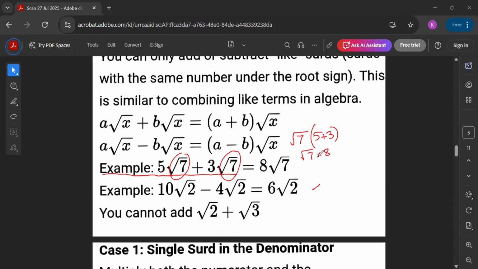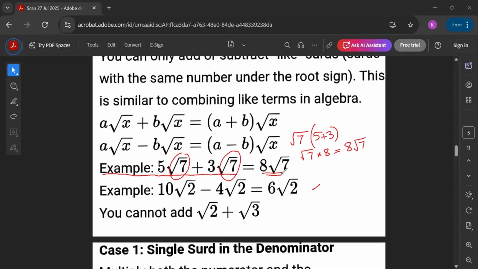But you must remember that square root numbers should be written after the numbers without the square root. A student might make this mistake: they put the square root over 8 also, which will go wrong. So we can write this as 8 root 7, the way they have written here.